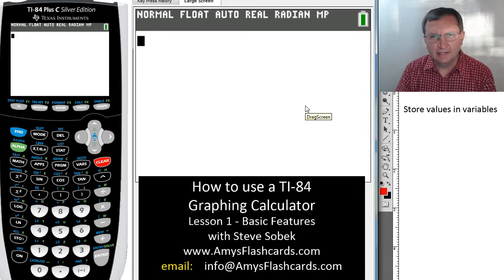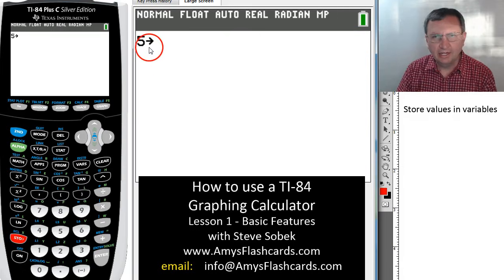Your calculator has 26 storage locations, one for every letter of the alphabet. And so, for example, if we want to take a 5 and store it into memory location X, we could just hit 5. And this STO button here, that's store. Hit that one time, and a right arrow appears, meaning store, and it's waiting for where do you want to store this.